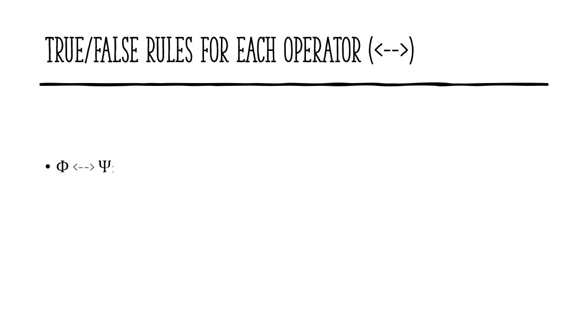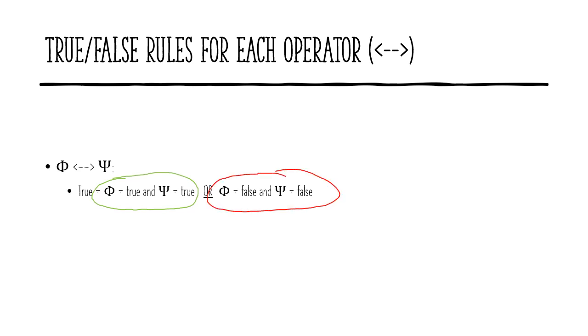And these rules are going to be a little bit unique because, as you'll see here on the first example, what makes this statement true, phi, if and only if psi, is whether both sides are true or both sides are false.